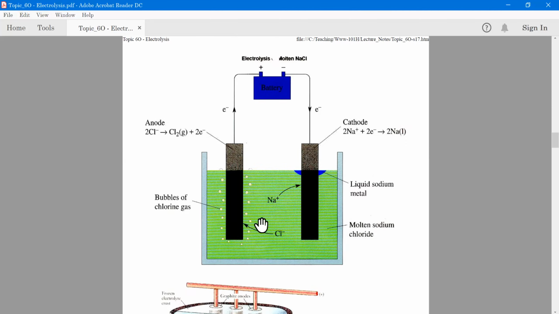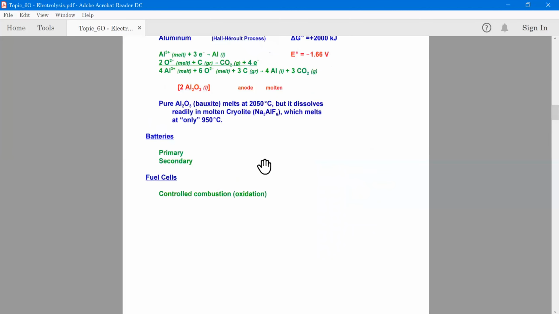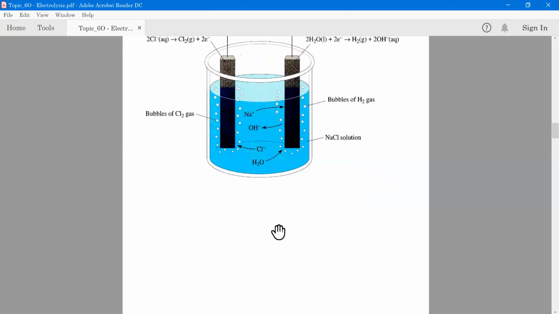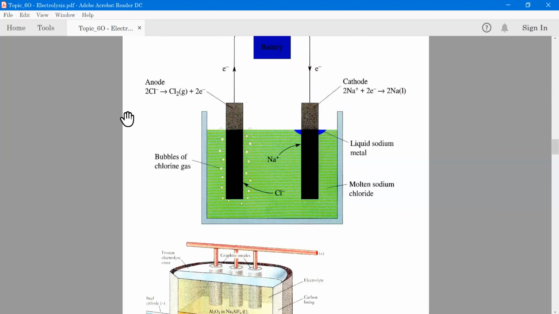Excuse me, back here. So that this reaction here of oxide reacting with carbon to form CO2 would not occur, simply because it's easier to oxidize chloride than it is to oxidize the oxide in the carbon, or with the carbon, and the carbon rods.